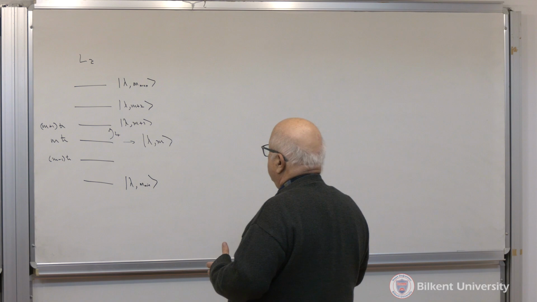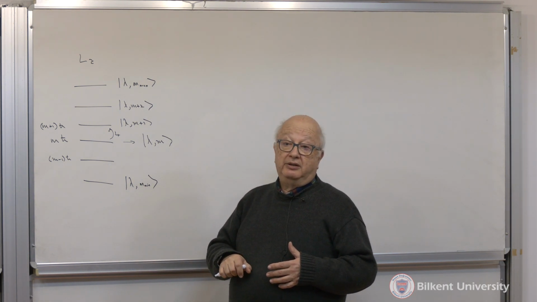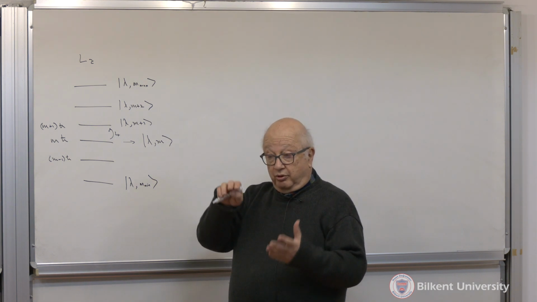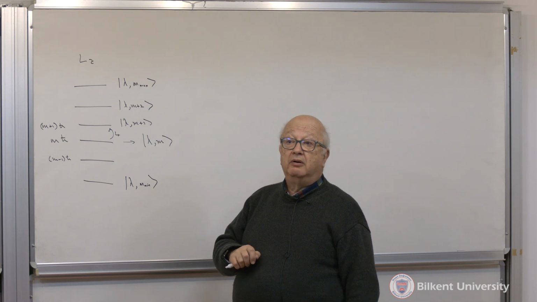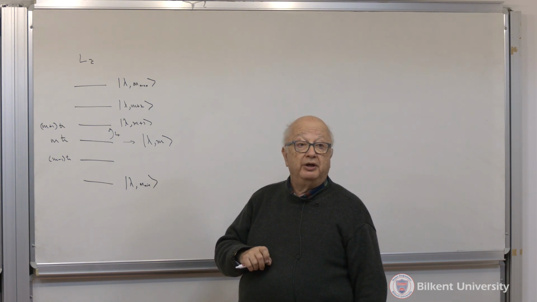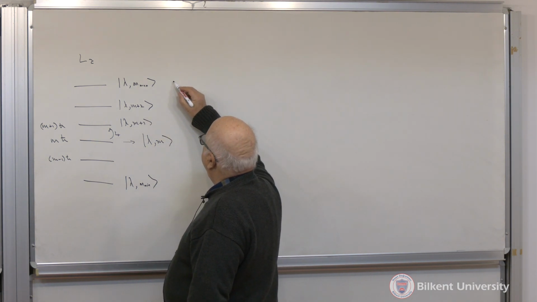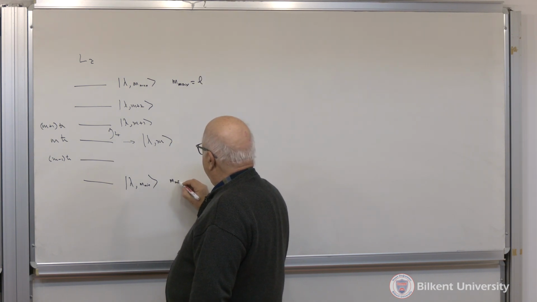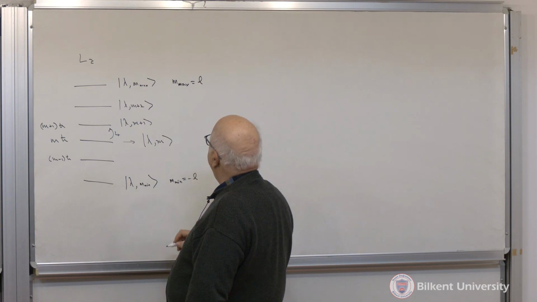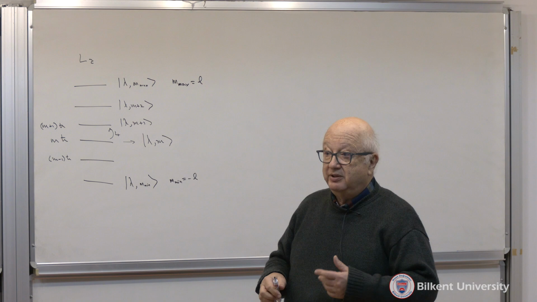And then also if I have this m minimum, that is going to be also the limit for the most negative value for the angular momentum. So these things I gave a name, so m max I'm going to call L, m min, just due to symmetry, it has to be minus L. So there's no difference between plus Z and minus Z direction.